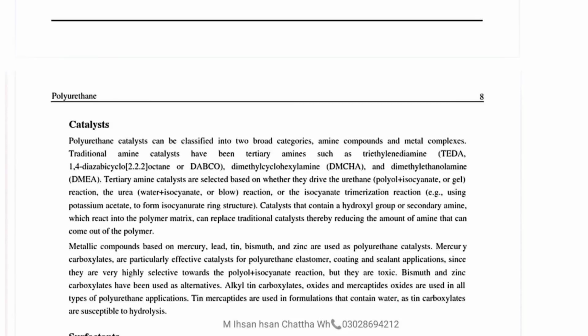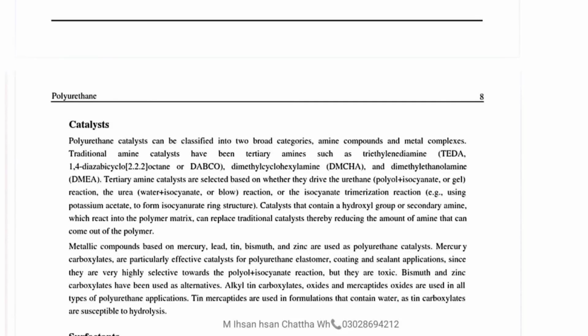Amine catalysts are mostly tertiary amines such as triethylenediamine, dimethylcyclohexylamine, and dimethylethanolamine. Tertiary amine catalysts are selected based on whether we want to drive the urethane or polyisocyanate reaction, or the gel-like property or various others.